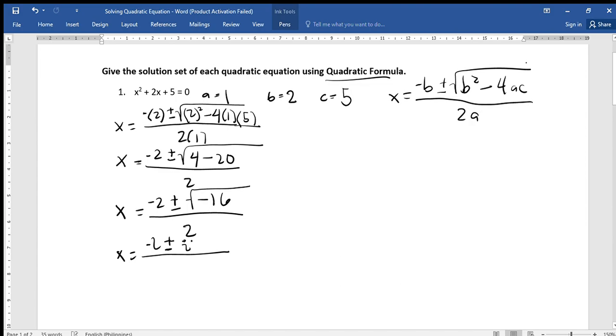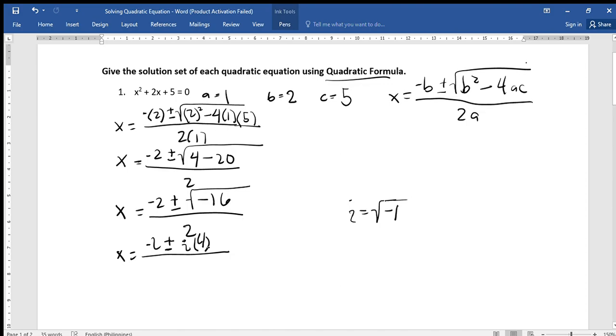Sa mga nahihirapan, remember po, i is equal to square root of negative 1. Para mawala yung negative sa loob, lagay tayo ng i dito sa labas. Square root of 16 is 4. Pwede natin ilagay ditong i times 4 or pwede din namang ilagay natin siya sa unahan.